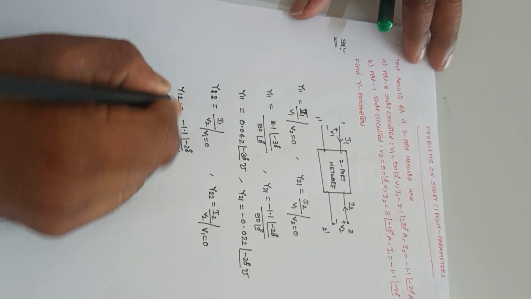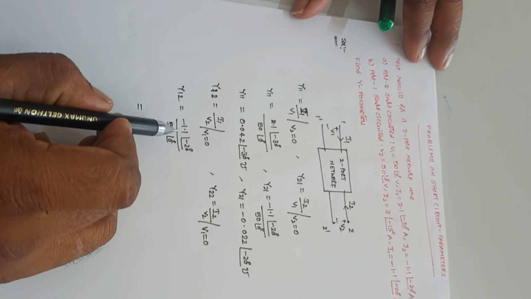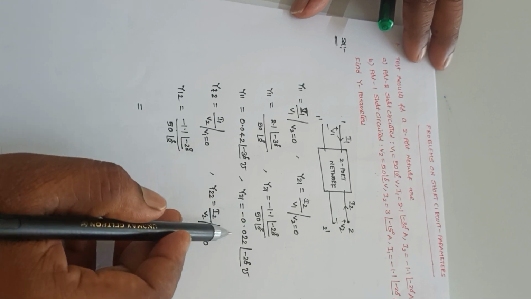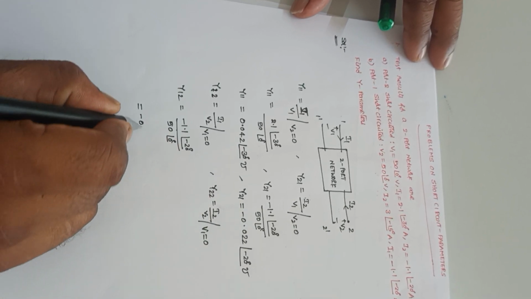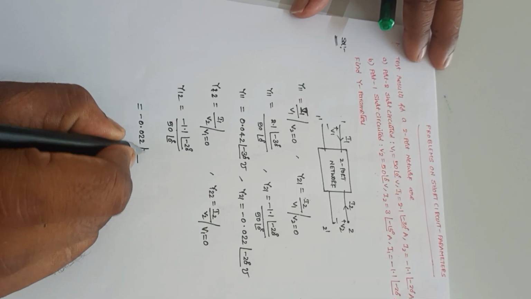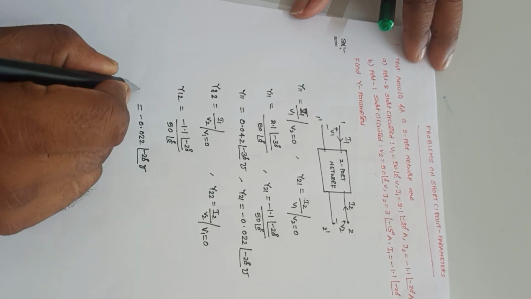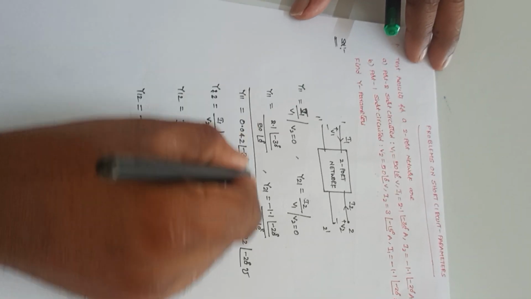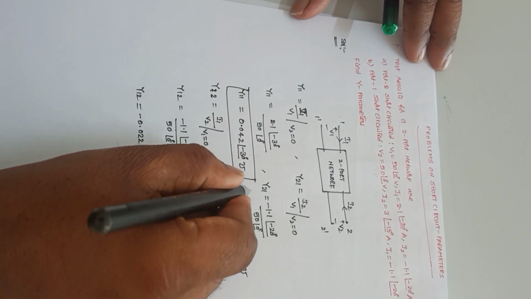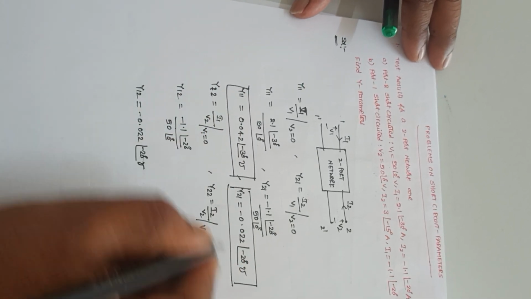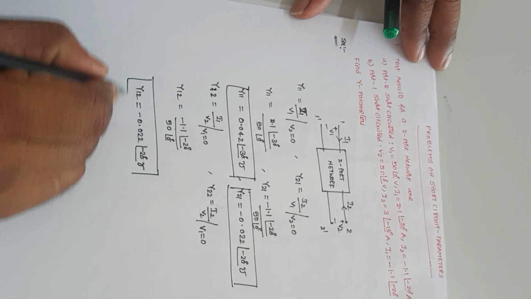So it is Y12, and the same value I calculated here, minus 0.022 at an angle minus 20 degrees mhos. That is Y12, Y11, Y21, Y12.